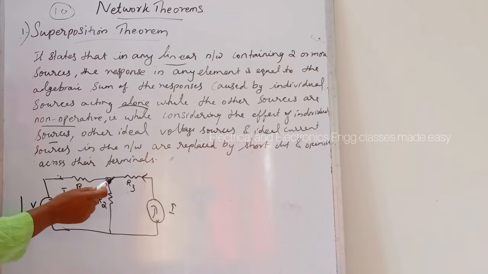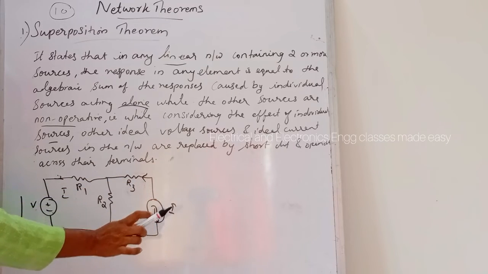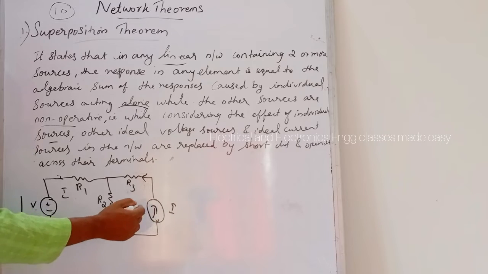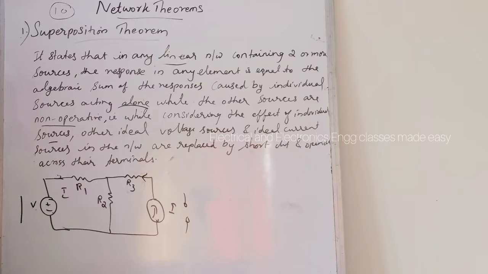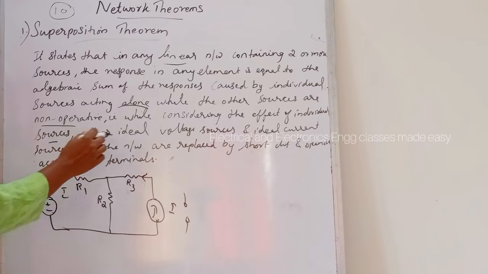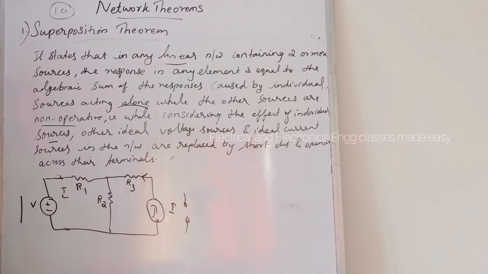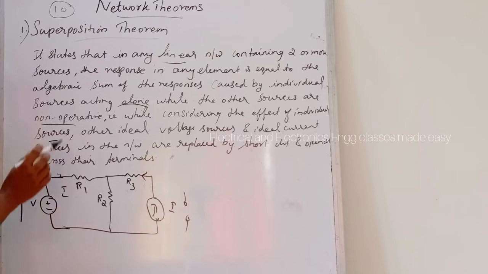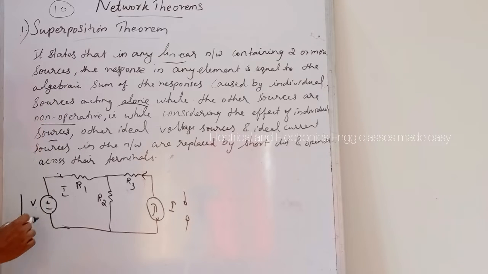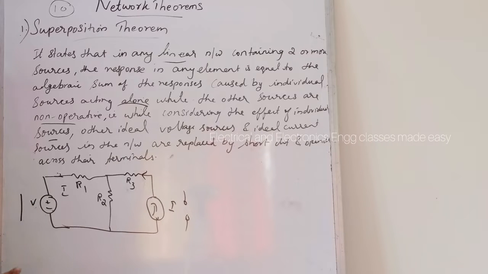For the current source, just delete the source, keeping the respective terminals open circuited, and then obtain the branch currents. Then repeat the step for each of the independent sources. Then to determine the net branch current utilizing the superposition theorem, just add the currents obtained in step 1 and step 2 for each branch.